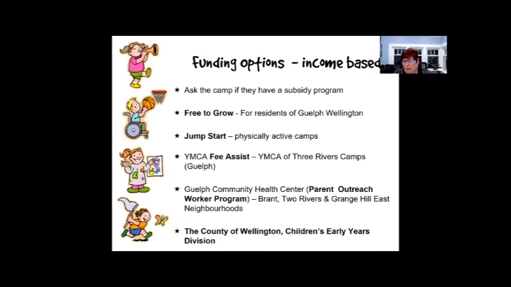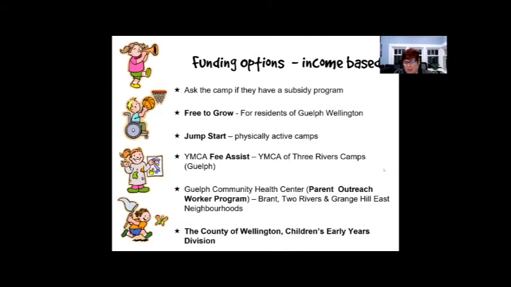There are also income-based funding options. So in Guelph-Wellington, we have our Free to Grow option for residents of Guelph-Wellington. Jumpstart will occasionally fund camps, but they have to be physically active camps. The Y of Three Rivers, which is the Guelph Y, has a fee assist program.